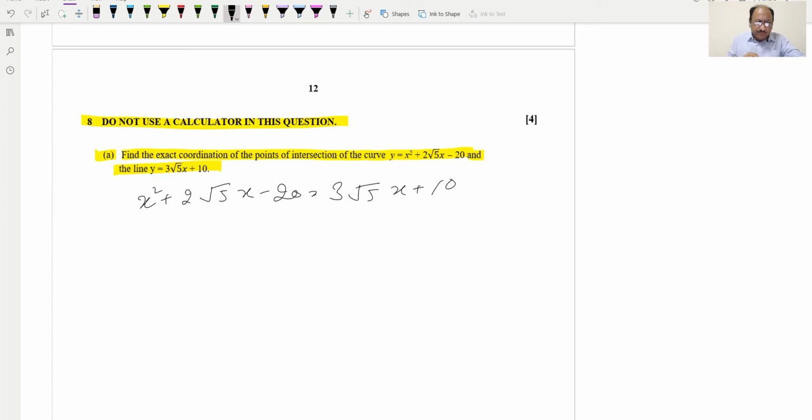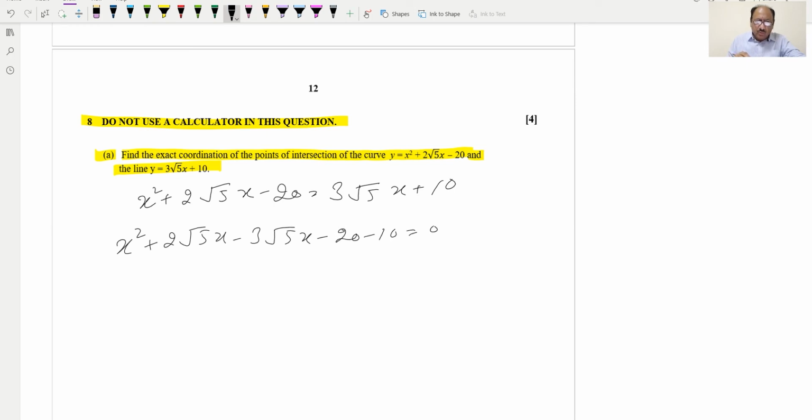Now we can shift everything to the other side, so this will be x squared plus 2 root 5 x minus 3 root 5 x, and minus 20 minus 10 is equal to 0.